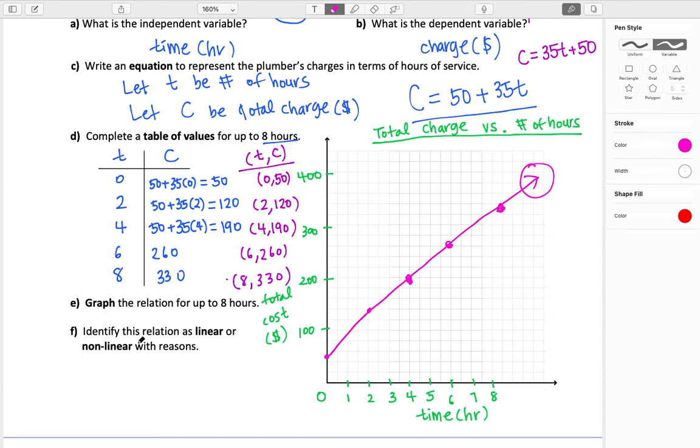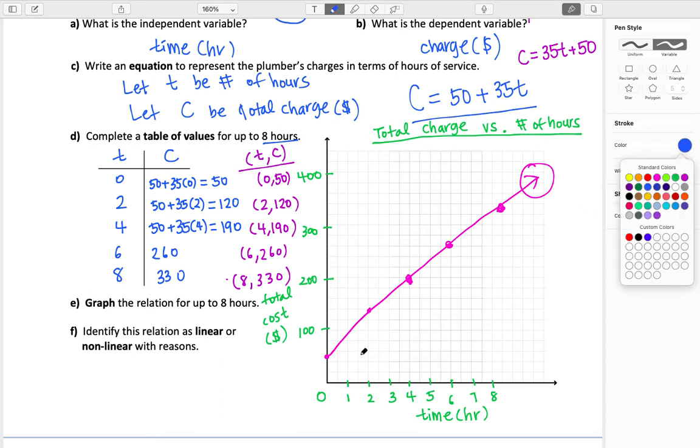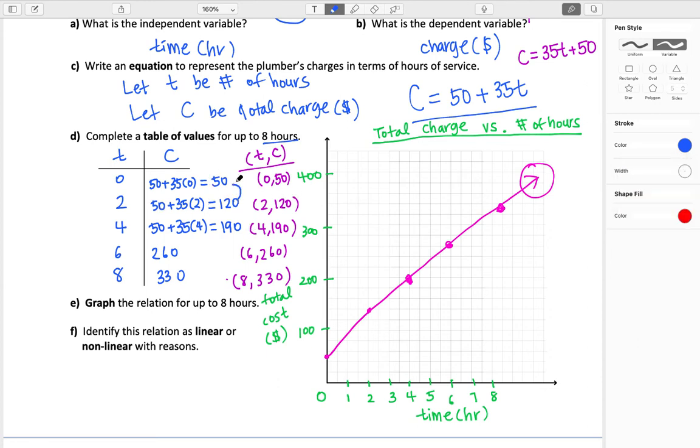Okay. Now, identify this relation as linear or nonlinear. So as you can see, it's a solid straight line. So the equation of the y, if you take a look at it, it's increasing by the same number. What do you notice?